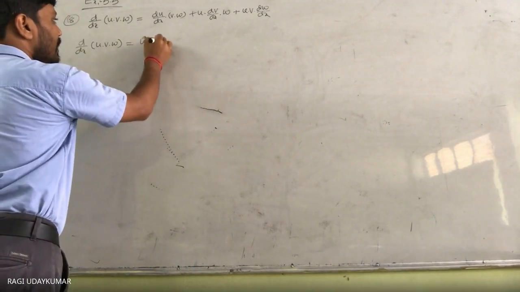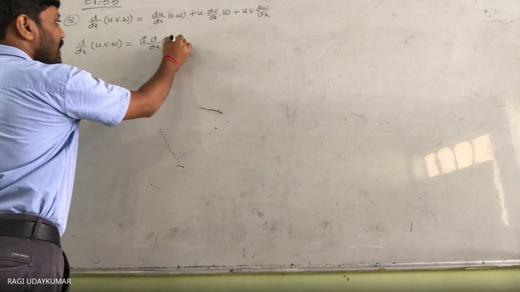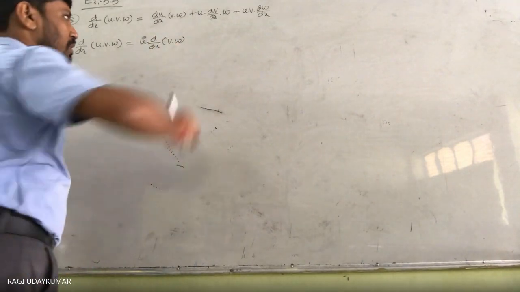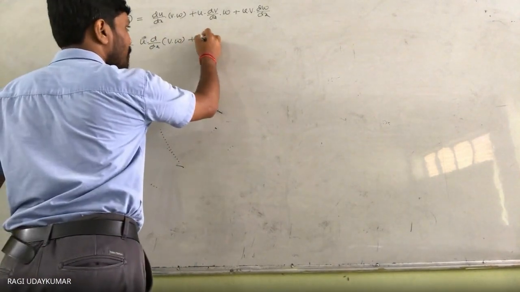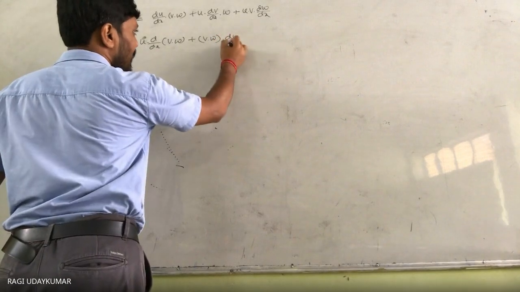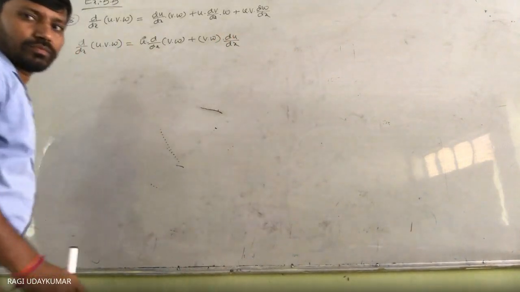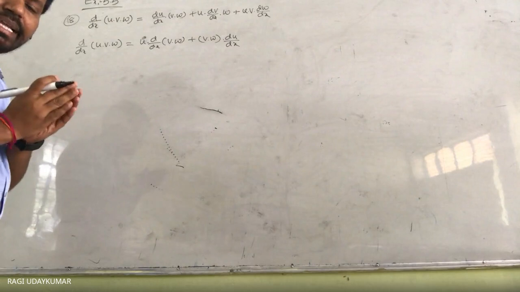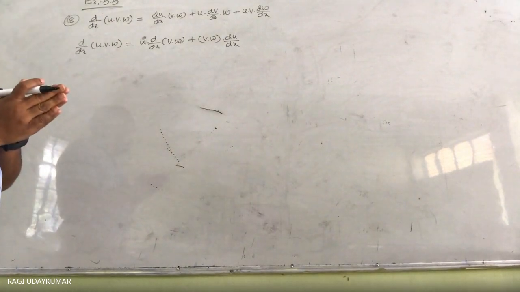u into d by dx of v into w plus v into w into du by dx. vw completely one function I am taking.